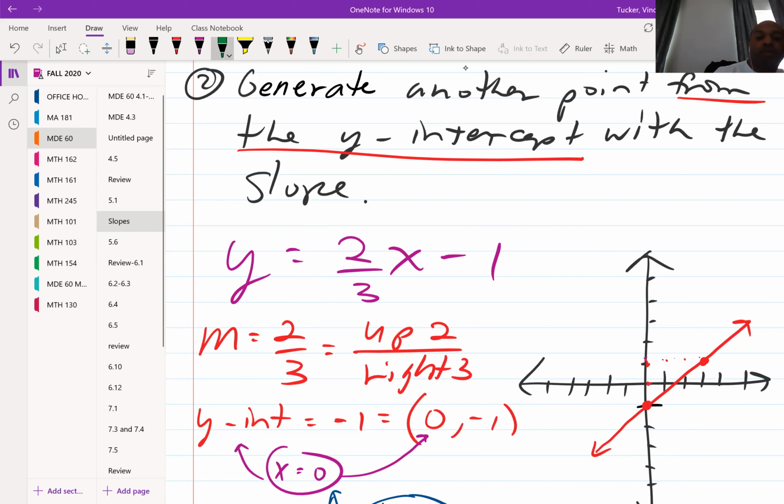So that's up 2 and right 3. Then for our y-intercept, that's -1. So don't forget, we already mentioned that if we have our y-intercept, that means x is equal to 0. So that's a coordinate. You have 0, -1.